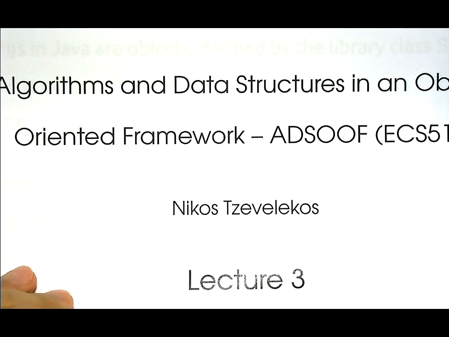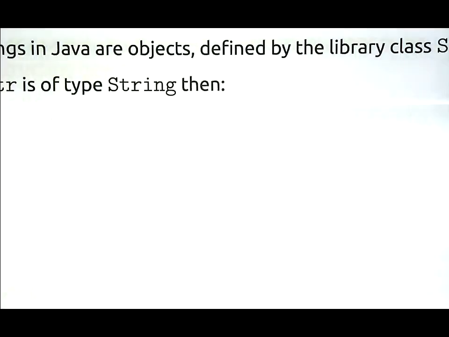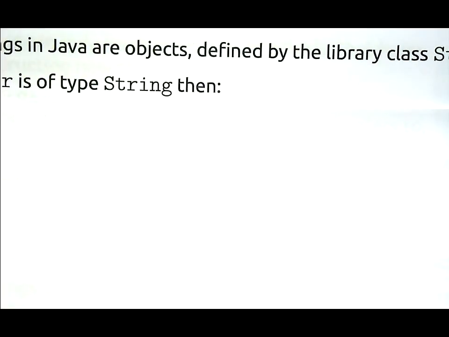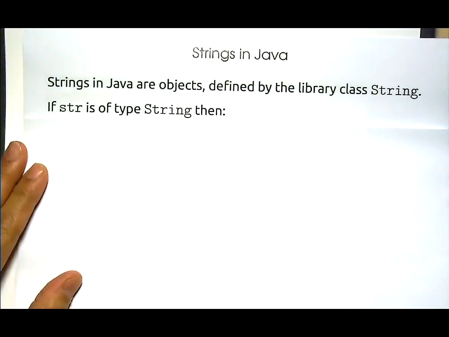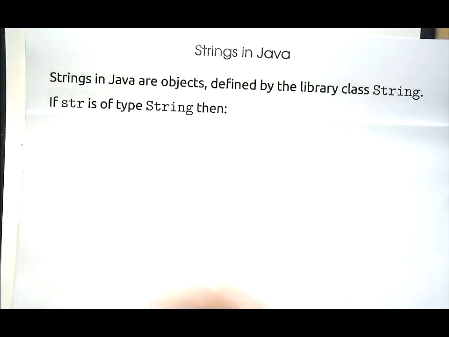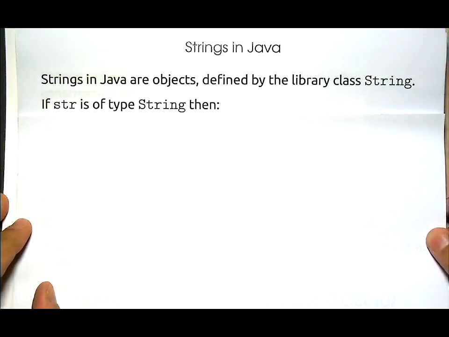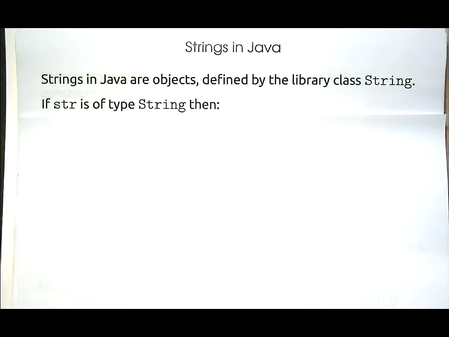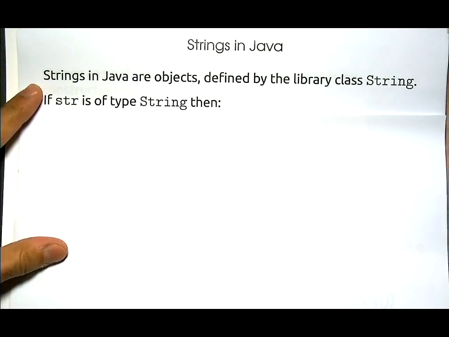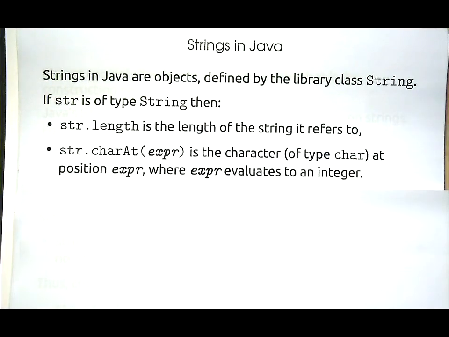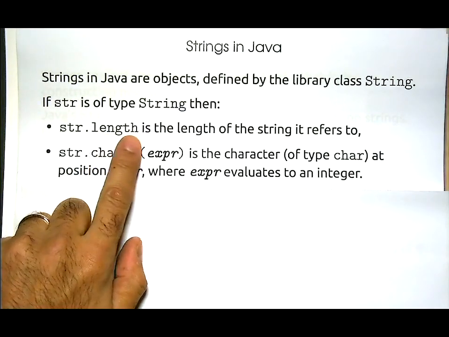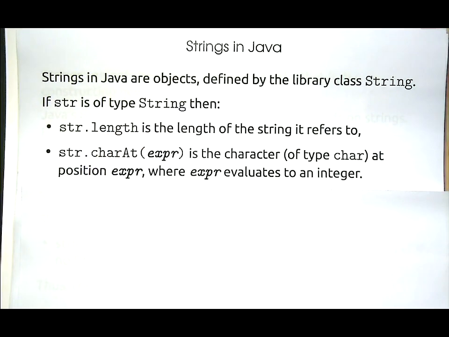So strings is something you have seen before, so this is a bit of a recap for you. Strings are Java objects defined by the class String. If you have an object str of type String, there are several things you can do. You can get its length using this field.